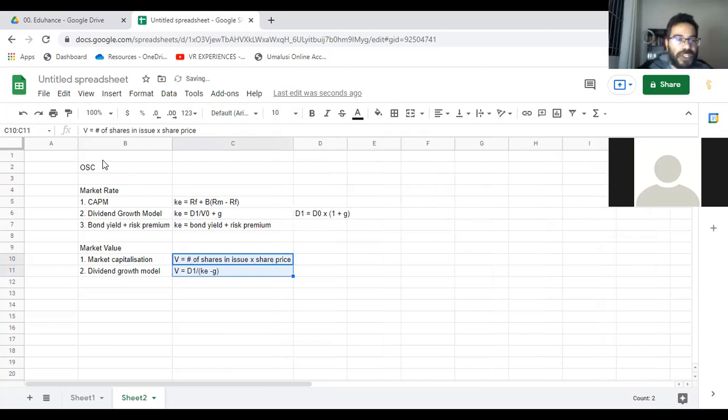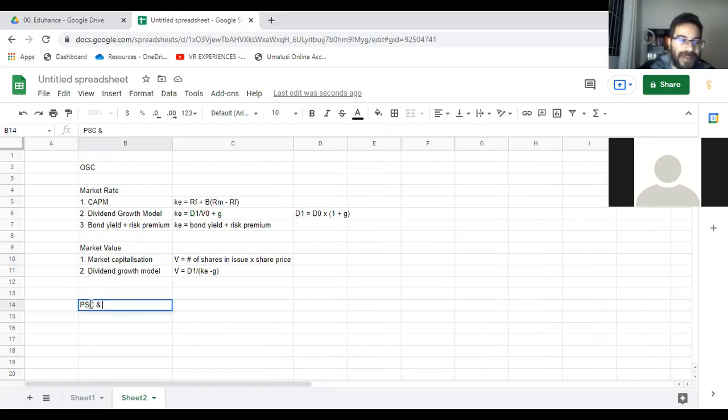Okay, so that is ordinary share capital. Next, we're going to do preference share capital and debt. The way we go about doing this is exactly the same for preference share capital and for debt. The very first thing you need to do is identify what was given, because either the market rate or the market value will be given.